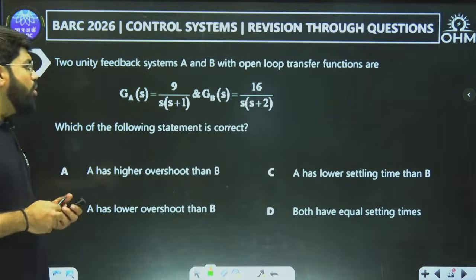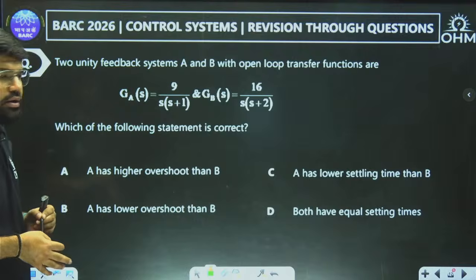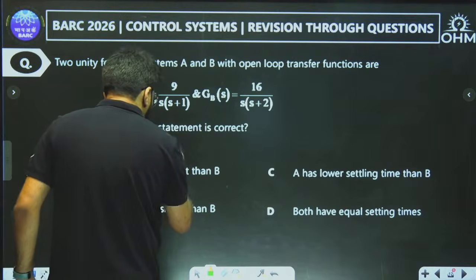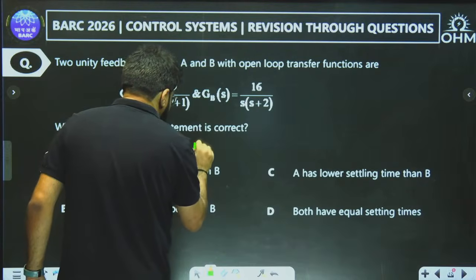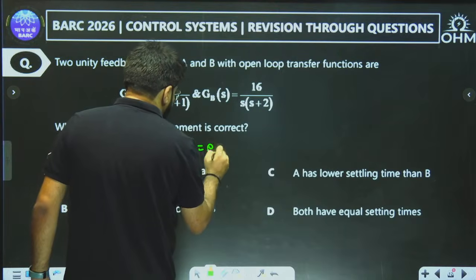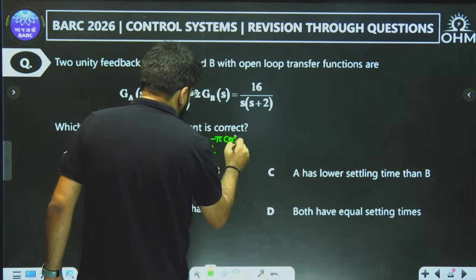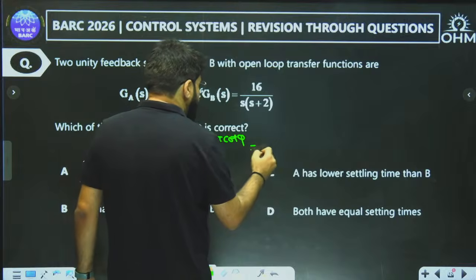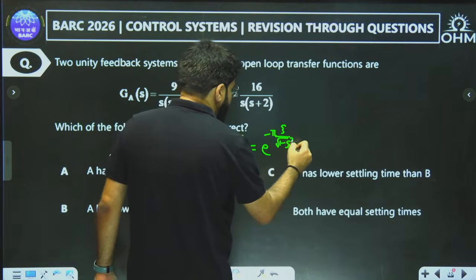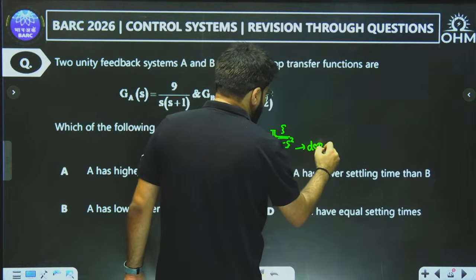Now, overshoot depends on what? Percentage overshoot, or let me simply call it overshoot, is given by the formula e power minus pi cot phi, or also written as e power minus pi zeta upon root 1 minus zeta square. Important point: it depends only on zeta.